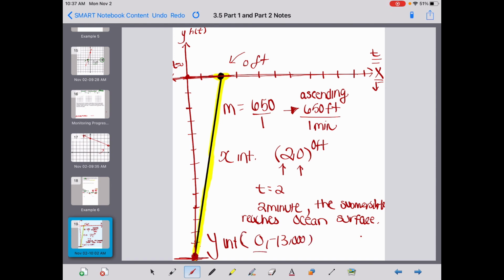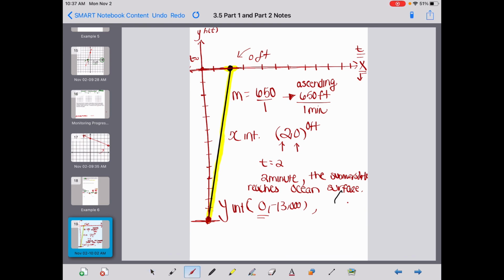And that's telling us that at time t equaling 0, at the starting time, the submersible is 13,000 feet below the surface of the ocean. So let me zoom out. And we can say it starts 13,000 below surface, or at negative 13,000 feet.